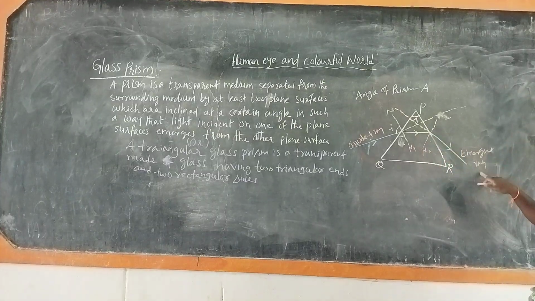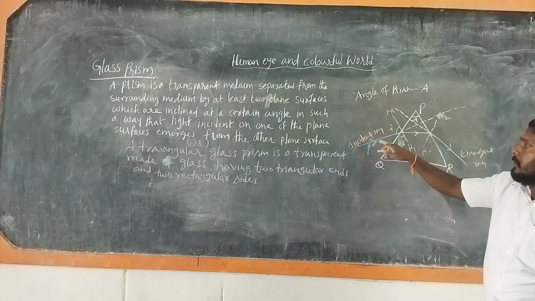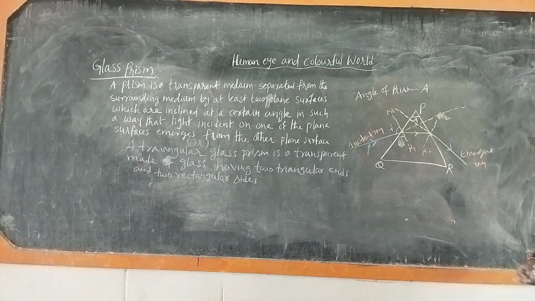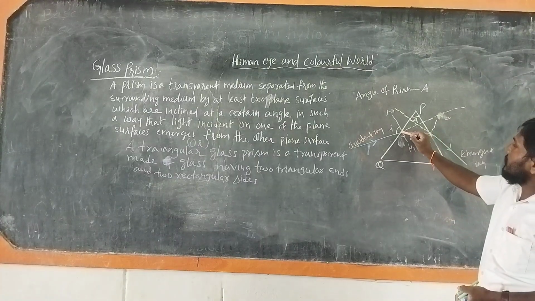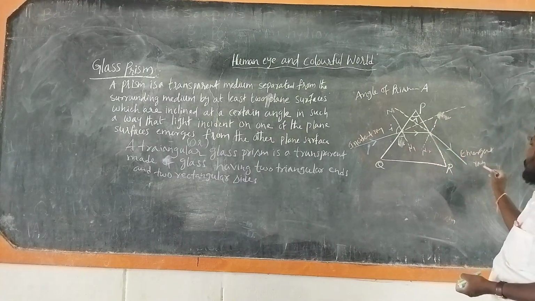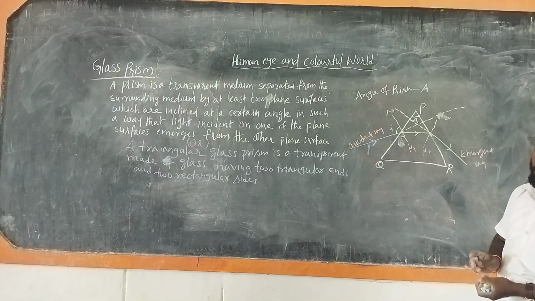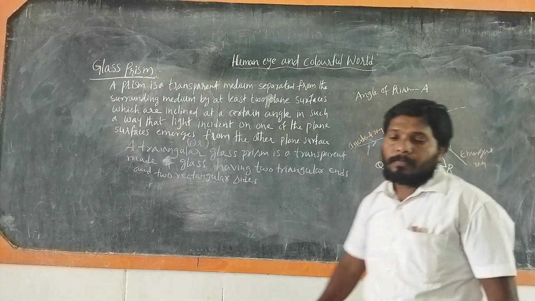The light ray which is incident on the surface of the prism is the incident ray; it takes deviation and again comes out as the emergent ray. Observe that if we extend this incident ray and this emergent ray, they are not parallel to each other.